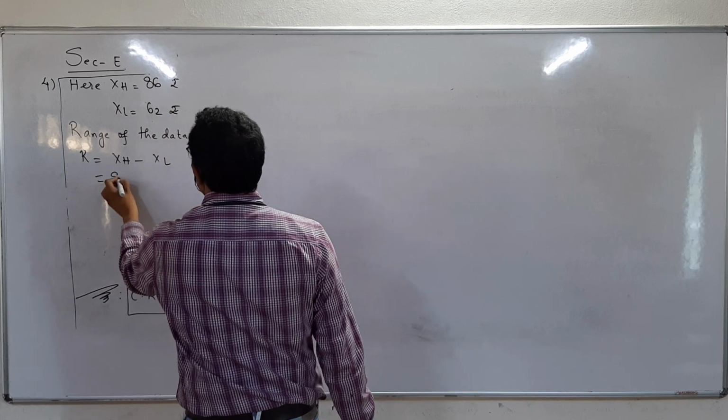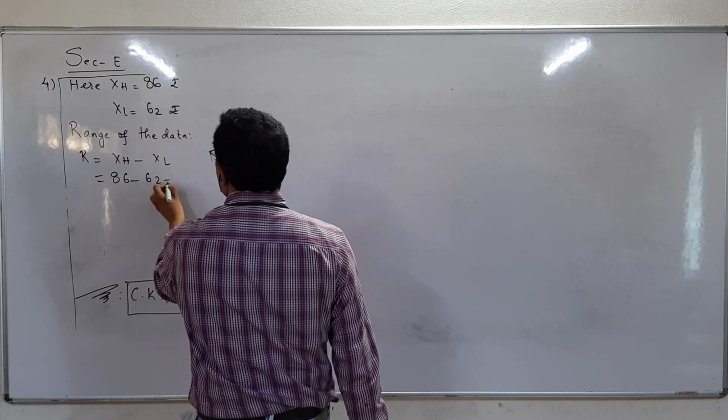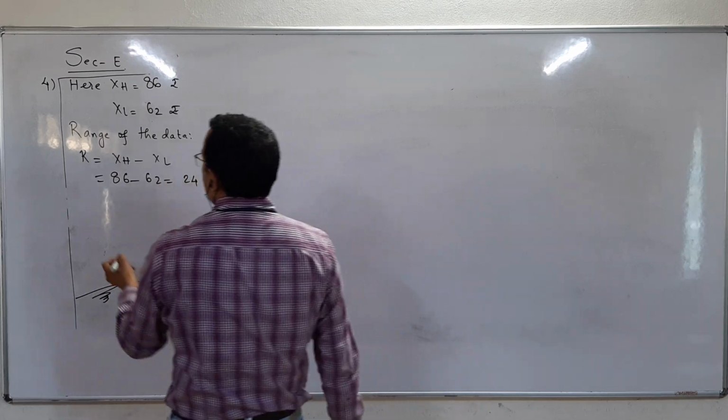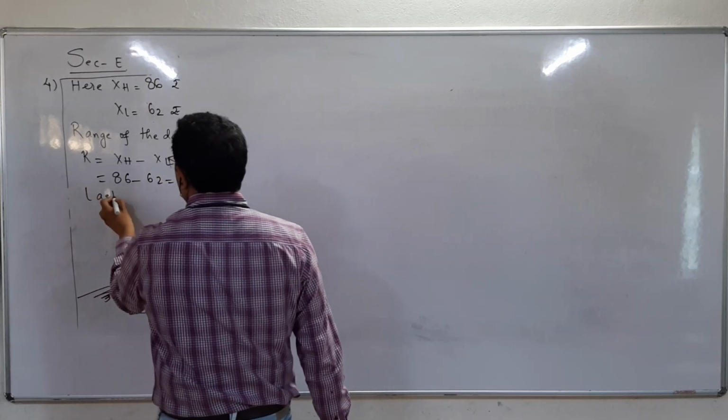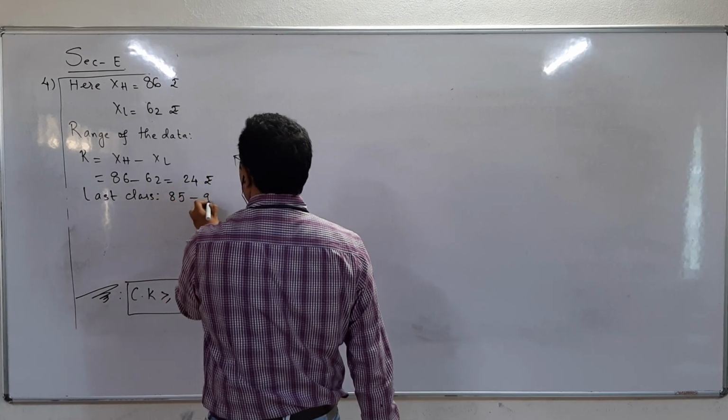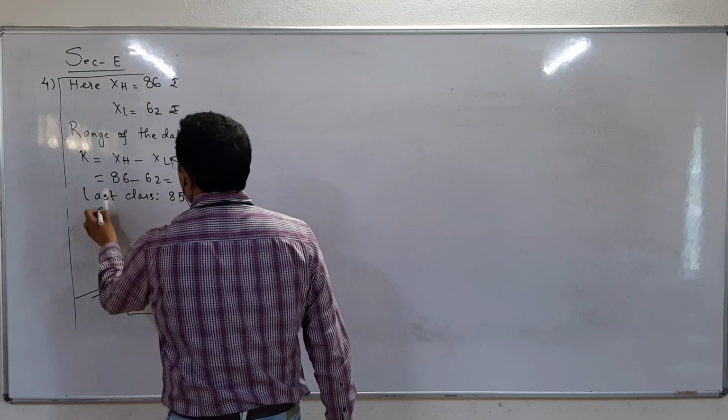So range is 86 minus 62, so 24 rupees. Here the last class is 85 to 90.